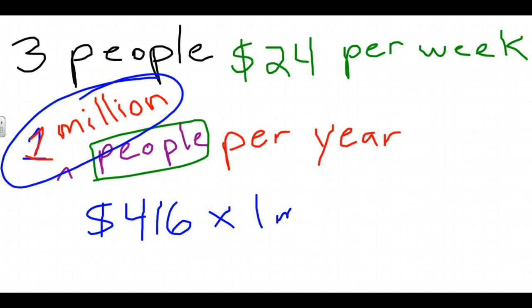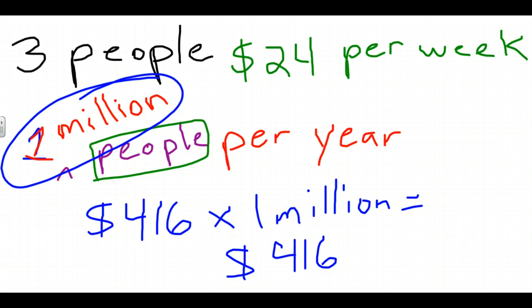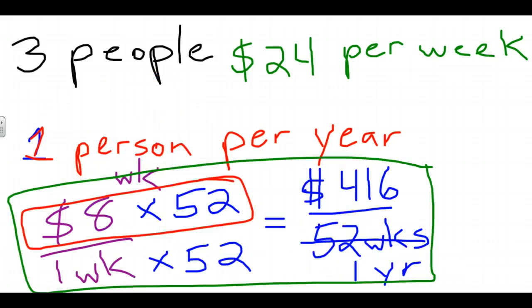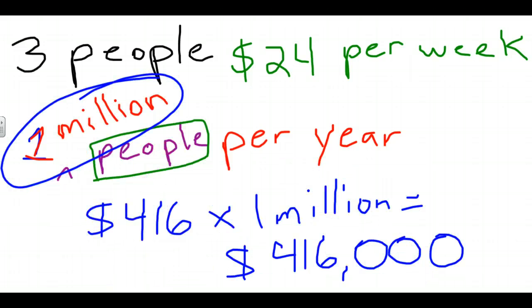For each of 1,000,000 people that are spending, we're guesstimating the same thing, and we end up with $416 million, because 416 times 1,000,000 is 416 million. Again, from the 1 person per week, we can multiply by 52 as we did before to get to the 1 person per year. Now, we're going to multiply that person per year times 1,000,000, adding 3 more zeros.